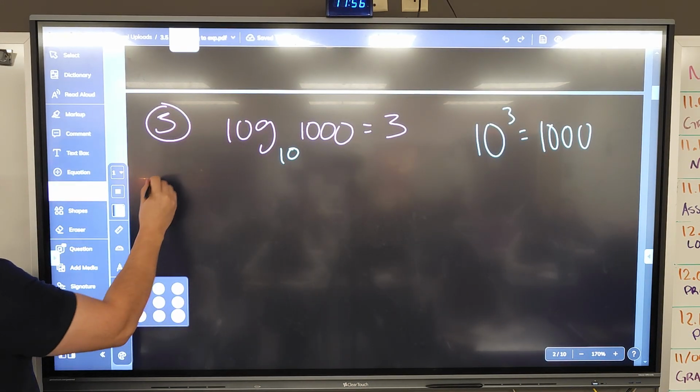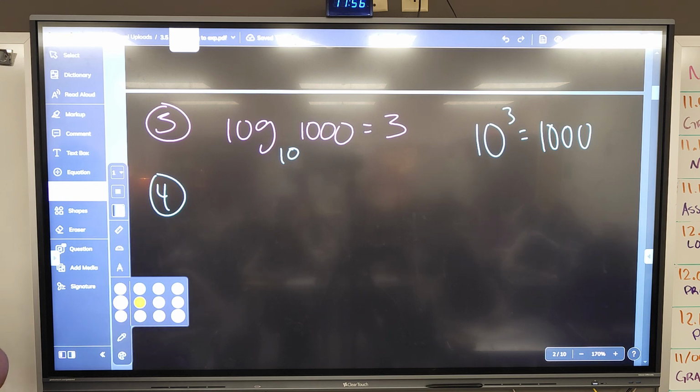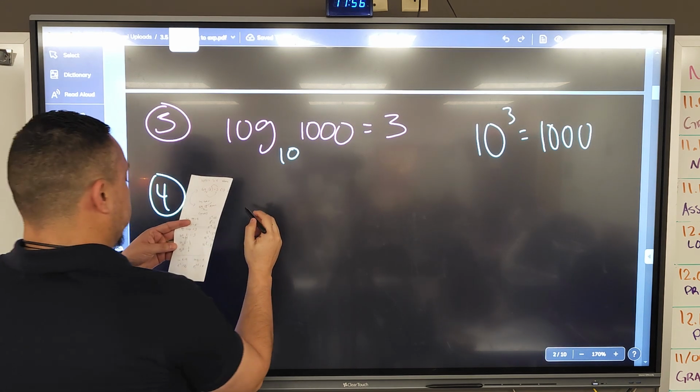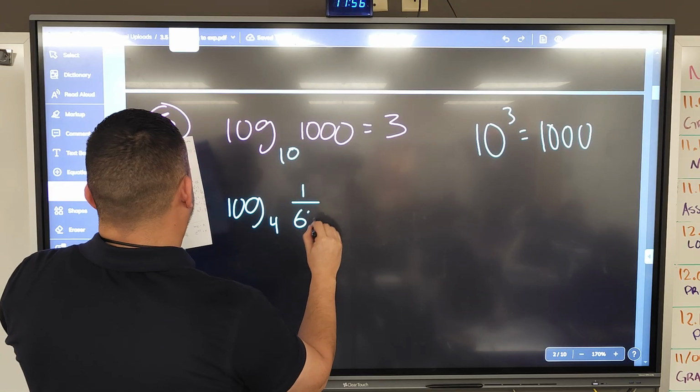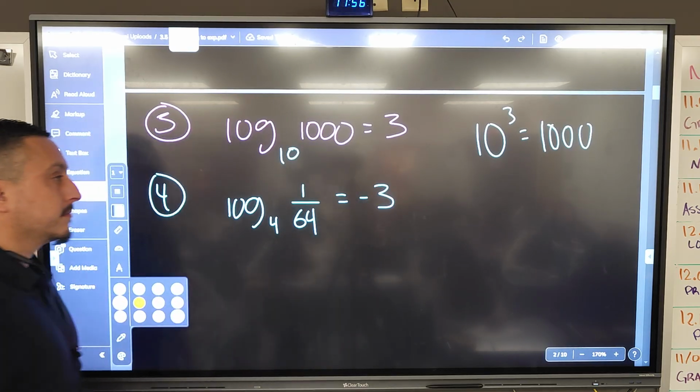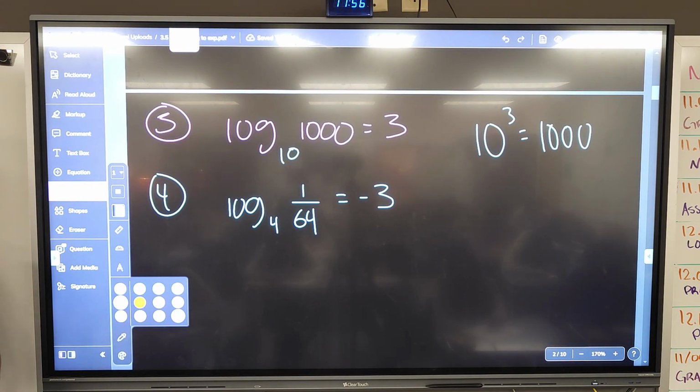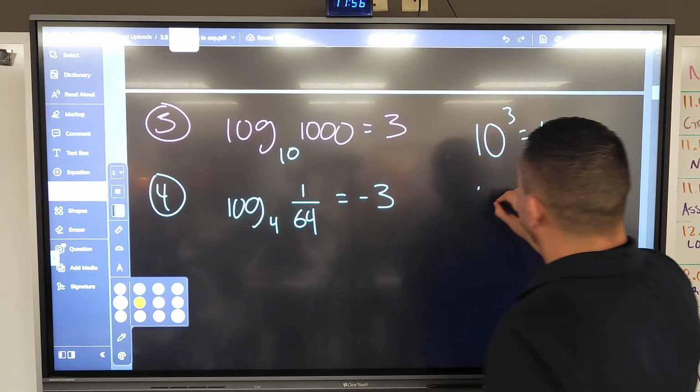Okay, last one, just so you can see how you do it if it's a fraction. Okay, try that one real quick. Okay, so here it is, 4.